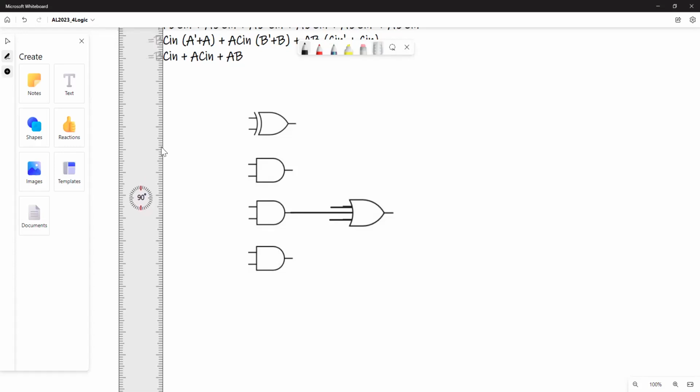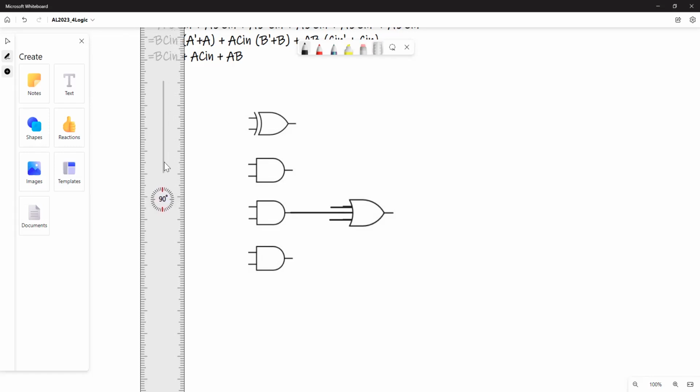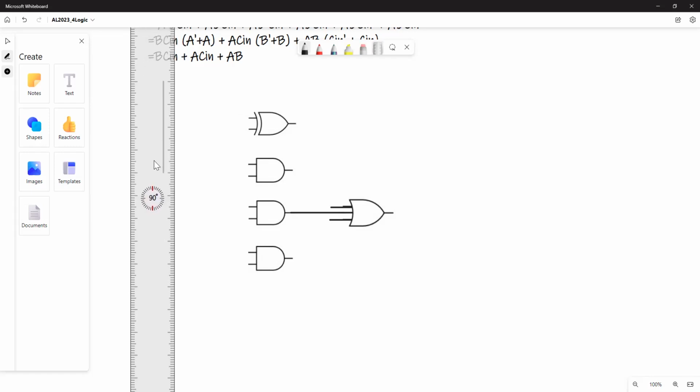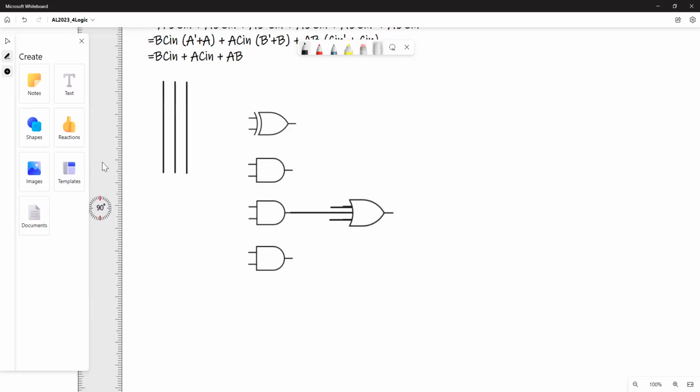So we have to have A, B, C as the inputs. Let's say these are the A, B, C. We'll have B, C, right?